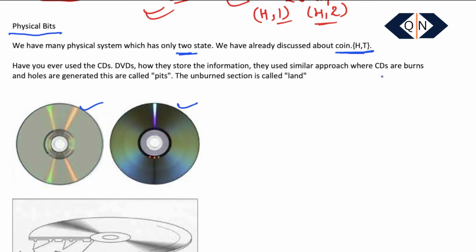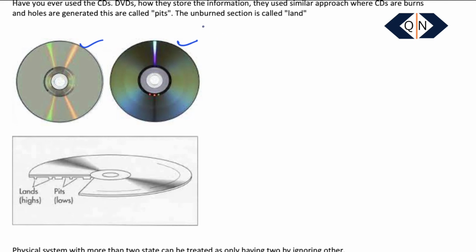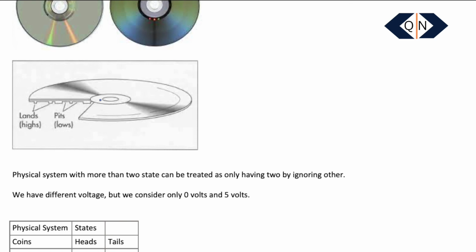They use a similar approach where CDs are burned and holes are generated. These are called pits, and the unburned section is called land. If you look at this image of a CD, you will see that this unburnt area is known as land, and this portion which is burnt is known as pits.